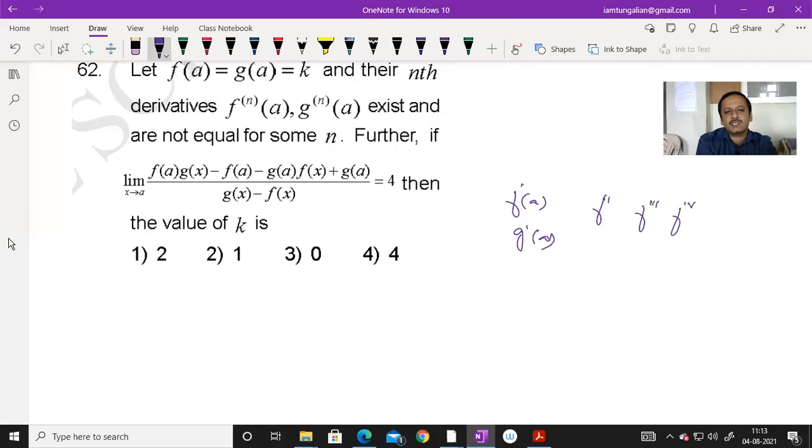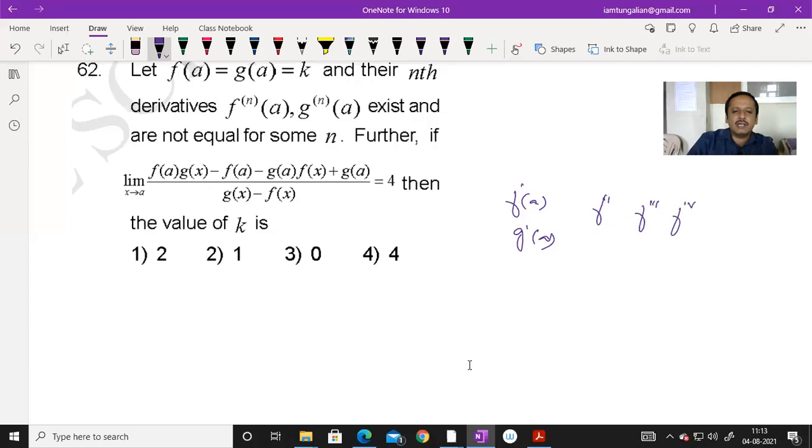Nth derivative exists means the first derivative exists, the second derivative exists, that means f dash of a is defined. They are not equal. f of a is equal to g of a, but that doesn't mean that f dash of a must be equal to g dash of a.